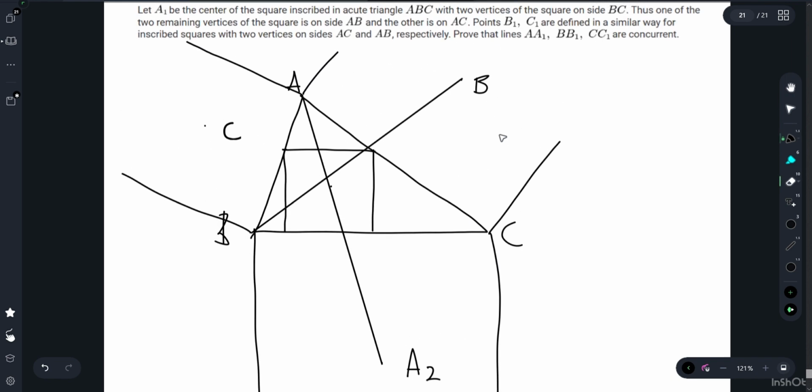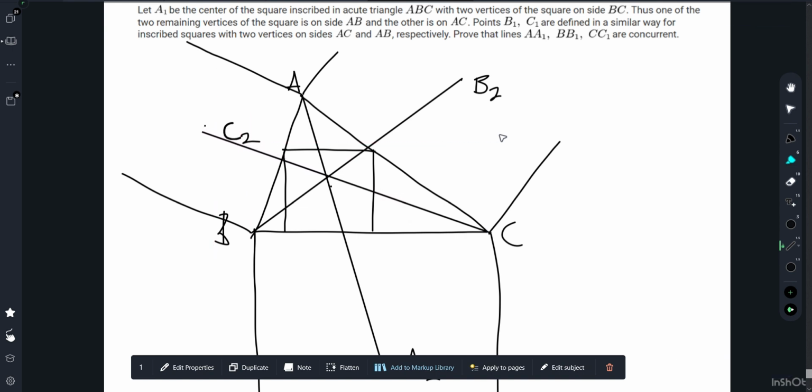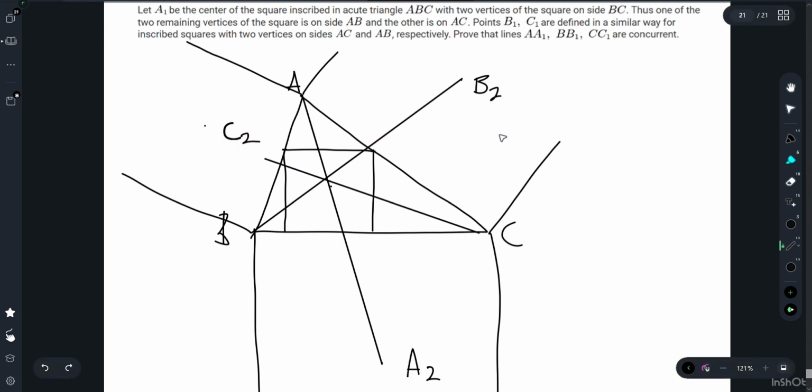But yeah, so if they are collinear, then these are also collinear because B2 lies on line BB1, and A2 lies on line AA1, and so does C. So this graph is a little bit inaccurate, but you get the point.